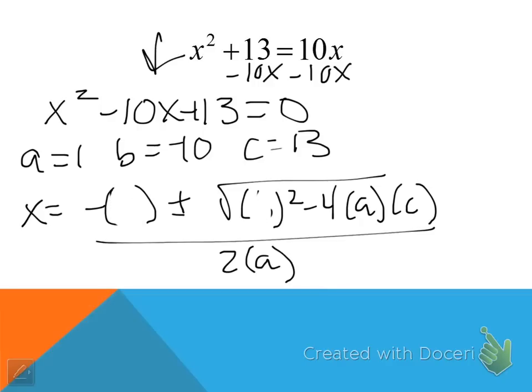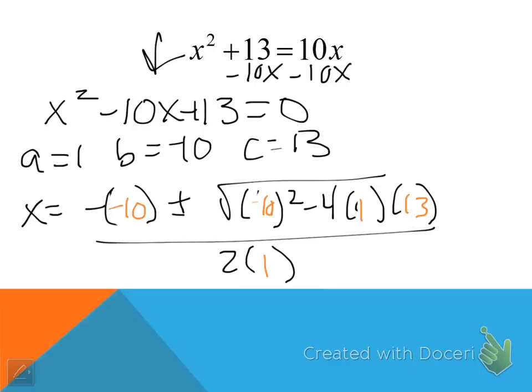So my b's are negative 10, my a's are 1, and my c's are 13, okay?